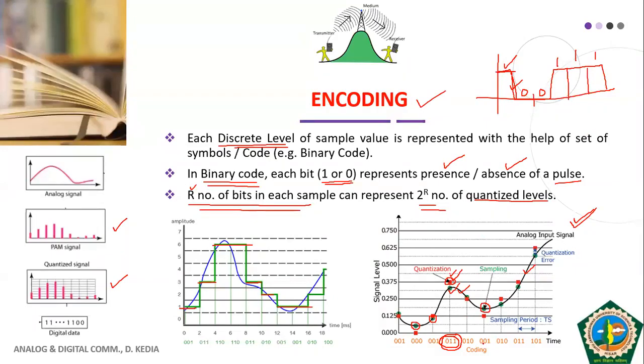Whatever 0 1 1 1 0 we transmit, their level is fixed. If in between some noise has come, then I can pass it through a clipping circuit. I'll remove that noise and generate fresh pulses. This way, in a digital system, my noise does not accumulate.